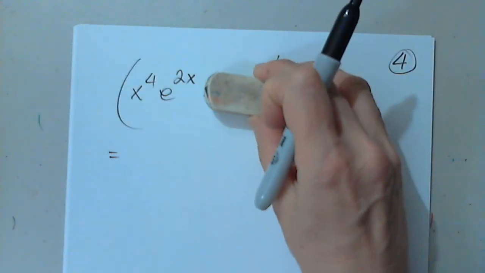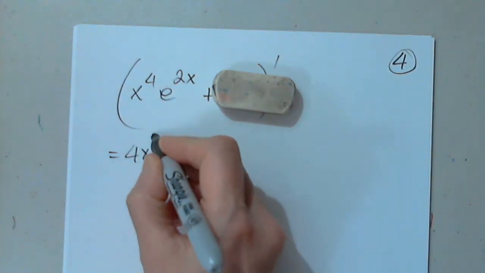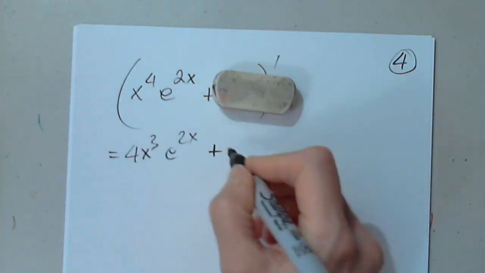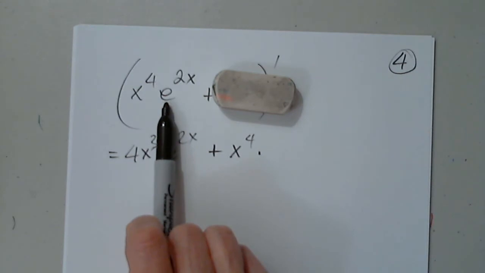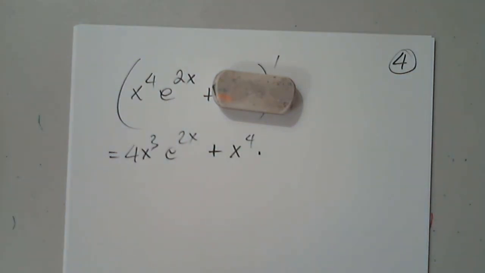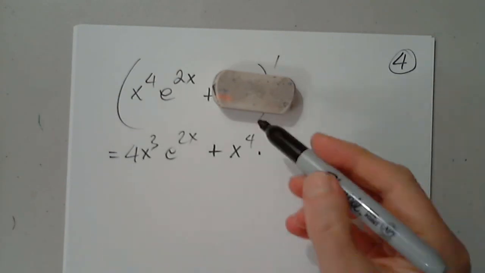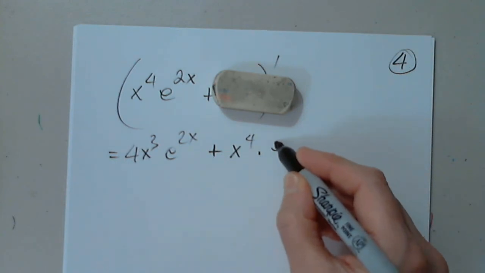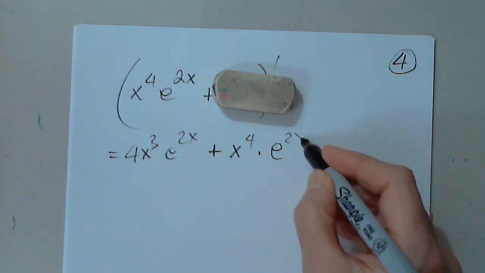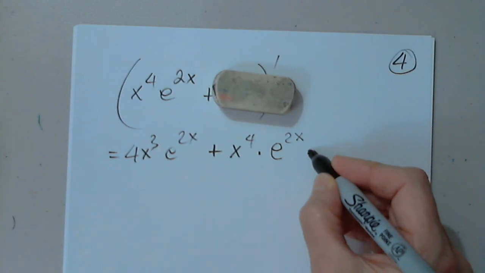And you differentiate the x to the 4th by itself. 4x cubed, e to 2x plus x to the 4th times e to 2x times the inner function prime.